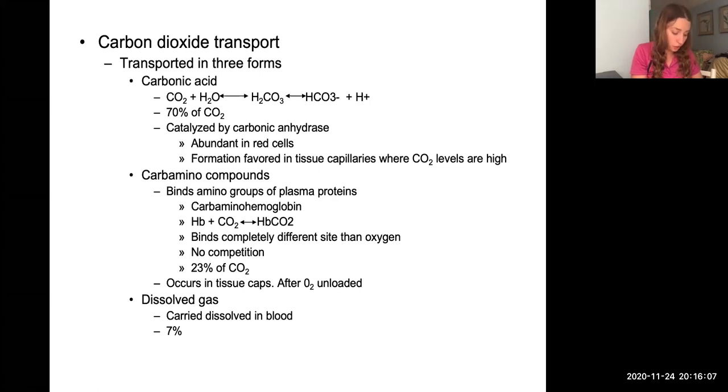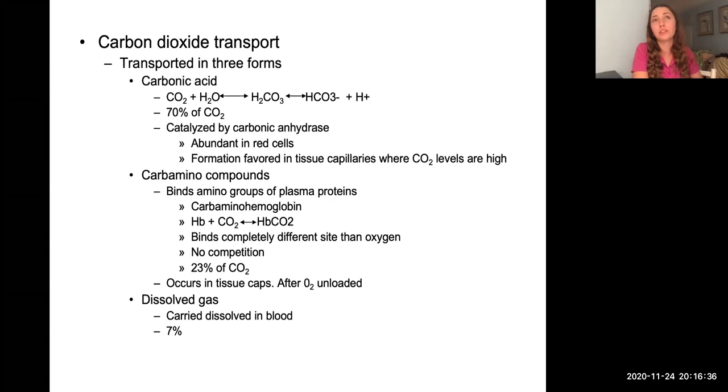One is dissolved gas in the blood, just like PO2, it's PCO2, and that's a very little amount. Then there's one that binds directly to the hemoglobin, but it will bind to a better extent to the deoxyhemoglobin, not the oxyhemoglobin.